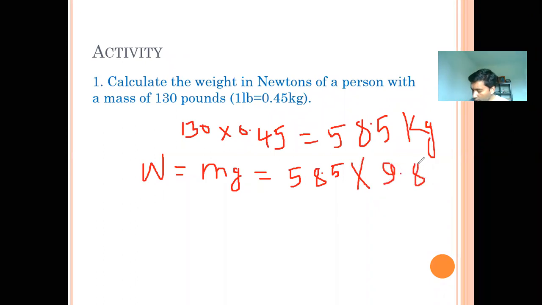Let me calculate this one. I'm getting 573.3. The unit of weight is Newton. Don't forget to write down Newton. So this is the solution for this question.